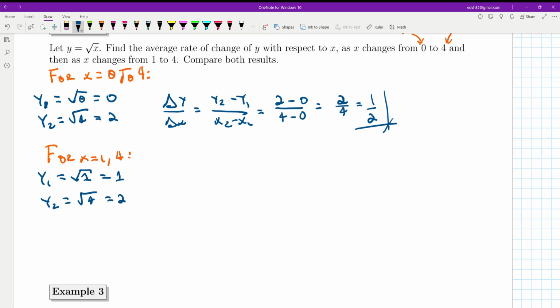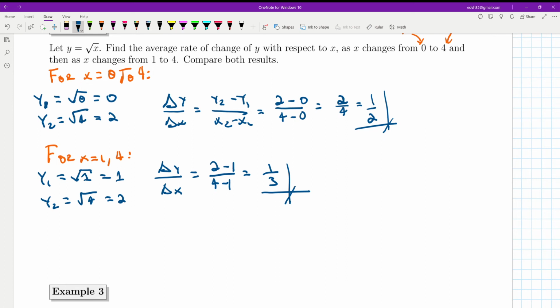Delta y over delta x is y2 minus y1, that is 2 minus 1, over x2 minus x1, which is 4 minus 1. That's 1 over 3. And if you compare, these two values are no longer the same.